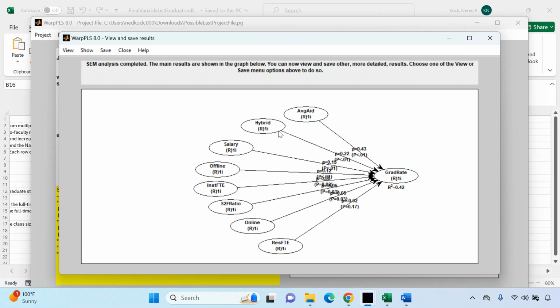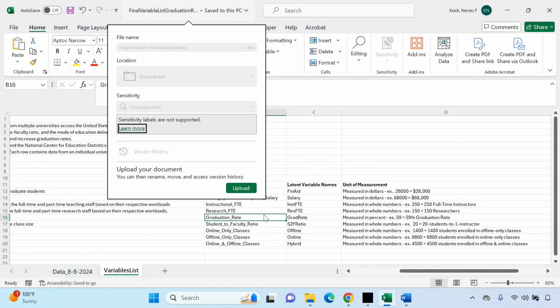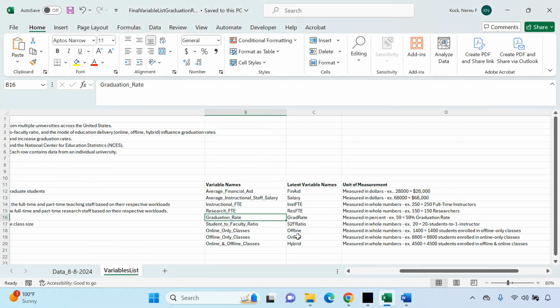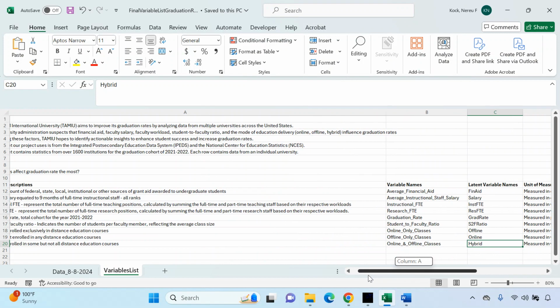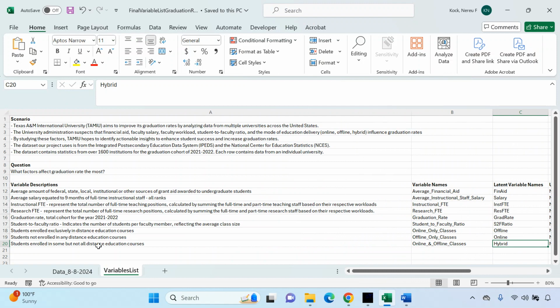I found this to be very interesting because you have hybrid, offline, which is only face-to-face, and online. Hybrid would be the number of students enrolled in some, but not all, distance education courses.